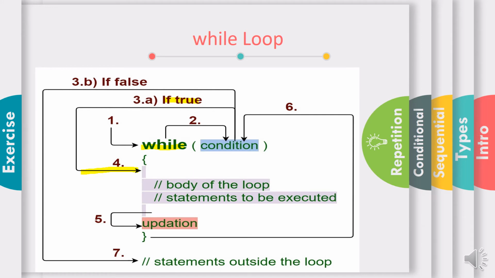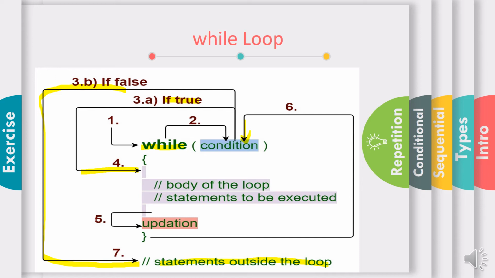The body of the loop will be executed. After executing the body, it will update the variable, that is I plus plus or I minus minus. After updation, the control will go towards this condition again. If the condition is true again, then the same procedure will repeat many times. When the condition becomes false, then the statements outside the loop will be executed in the end.